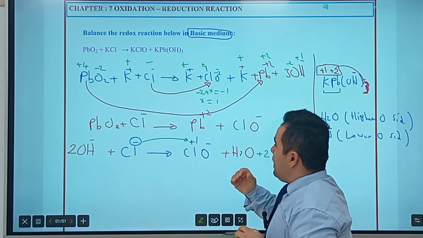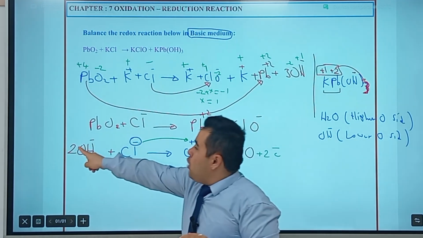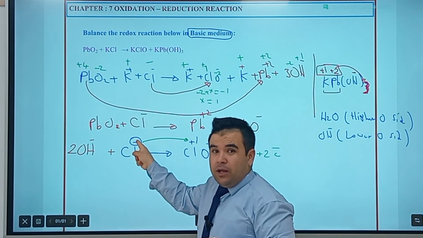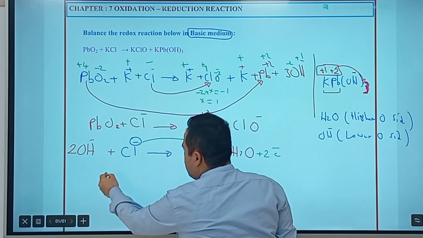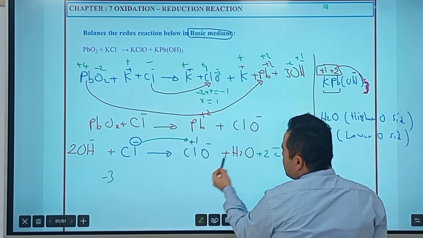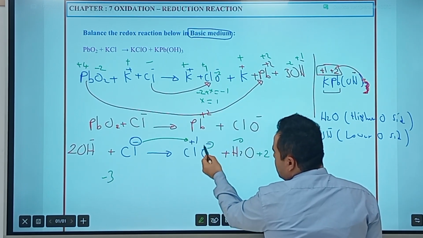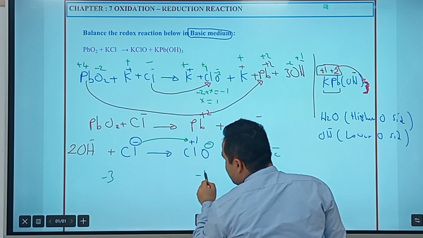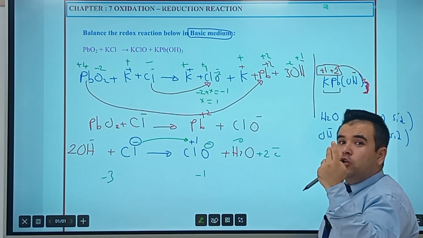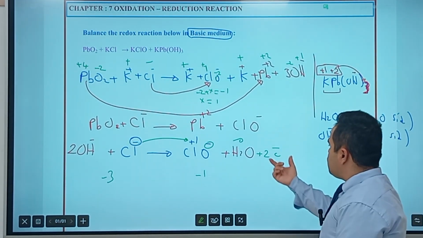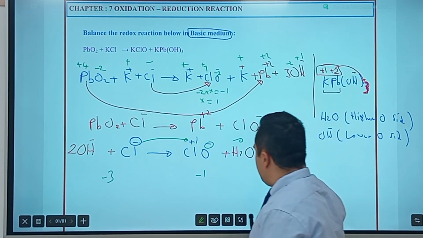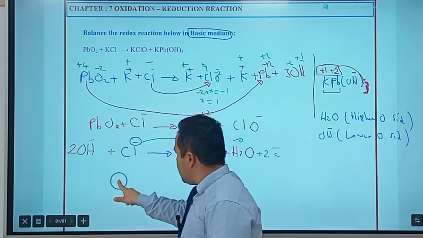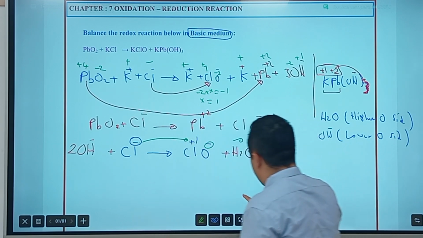For the total charges, on this side we have -2, -1, so -3. On the other side, this is 0 and this is -1. From -1 to -3, we have a 2 unit difference. That's why we add 2 electrons to the product. That's the oxidation half, guys.